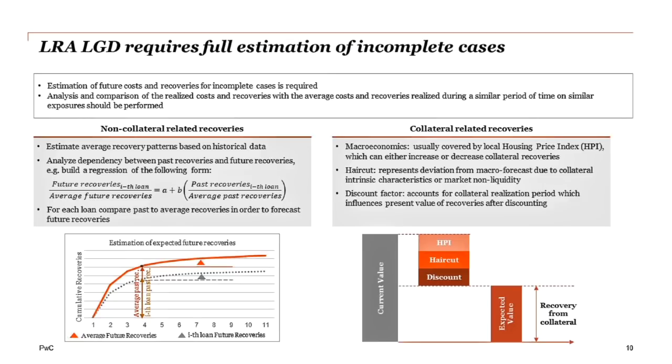The same can apply for those cases where we have attached collateral. The first approach is usually only applied if no collateral is attached, but if you have collaterals attached, then you can obviously use a haircut approach where you link the haircut to the existing local housing price index, for instance, if the recoveries are based on liquidated real estate assets in the respective loan exposures.